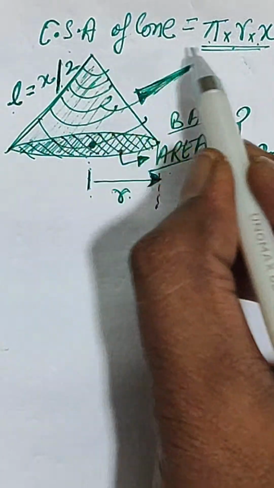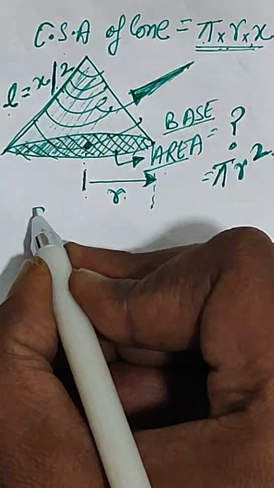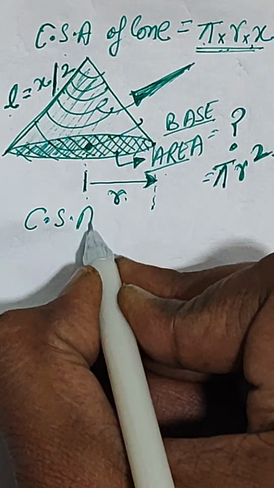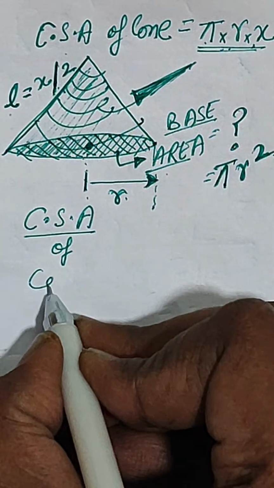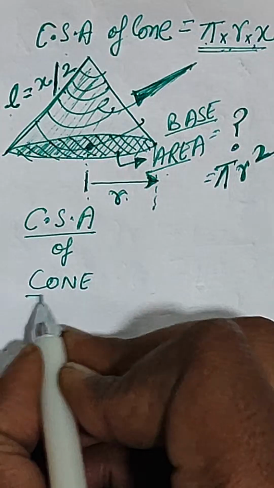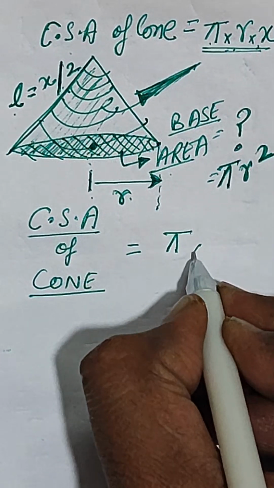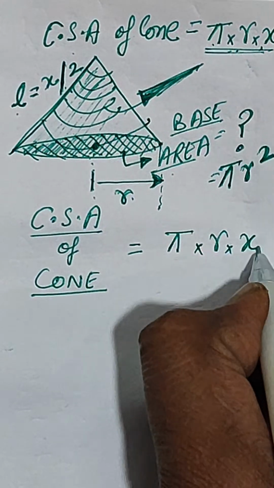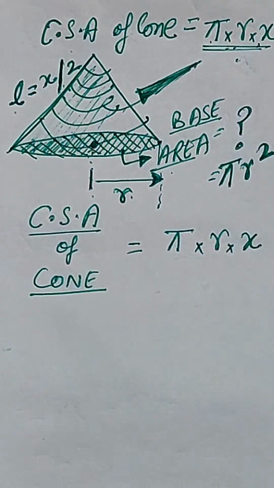Now, the curved surface area is given as pi r x. The curved surface area of this cone is given to you as pi into r into x. I'm just taking the figure which is given in the question.